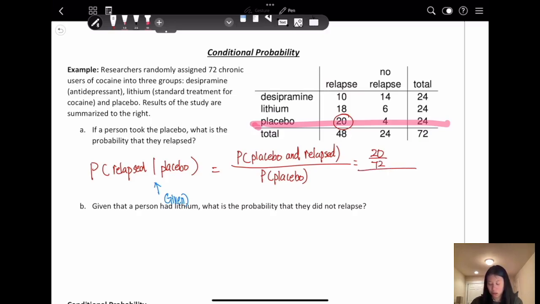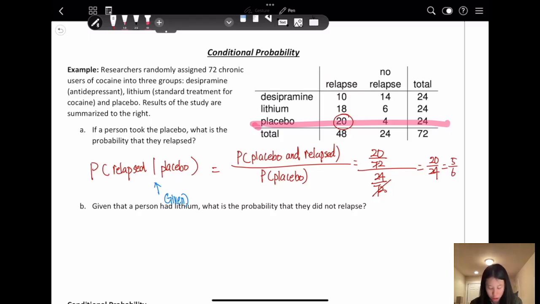Over, totally there are 24 people relapse. No, there's 24 people who took placebo out of 72. So when we simplify it, we cross cancel 72, with 20 over 24, and simplify it, we have 5 over 6.